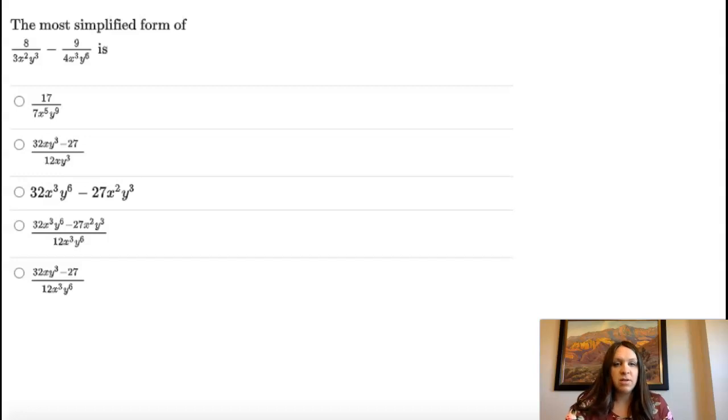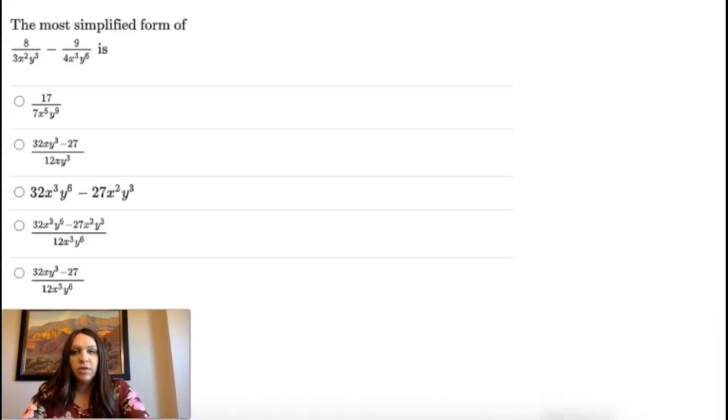Minus 27 over 12 x to the third y to the sixth. So just like when we subtracted our fraction with the tens, remember, it's the same concept.